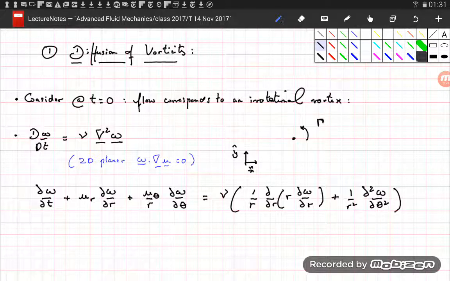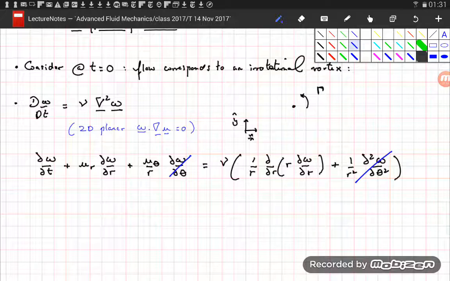Okay, so given the initial rotational symmetry in the problem, we can safely assume that nothing is going to depend on theta. So the distribution of vorticity is not going to depend on the angle theta. So I can cross these terms here.